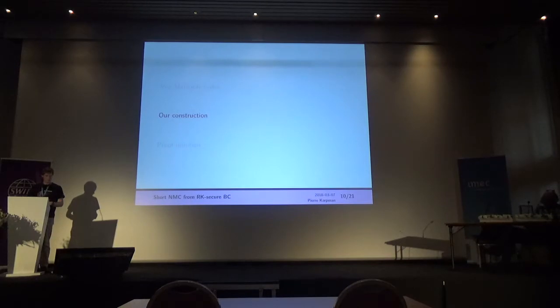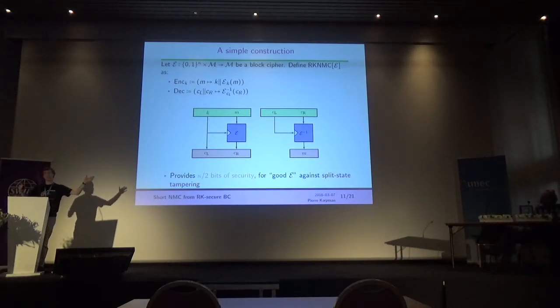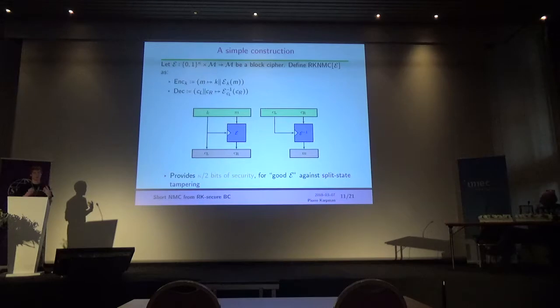Okay, so what's our construction? It's pretty simple. As I said, we need a block cipher, let's call it E. It takes kappa-bit keys and messages from this message space. I don't really care what exactly it is. Then we can define what we call the RKMC construction based on E. Basically, the encoding is we take the message, and we take a random key for the block cipher, which will be the randomness for the non-malleable code.